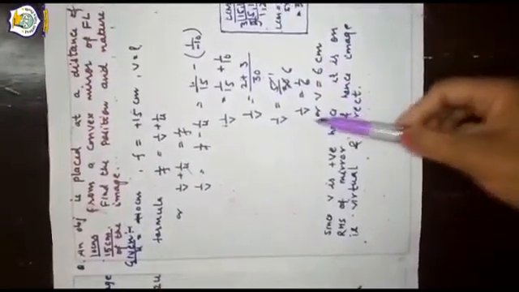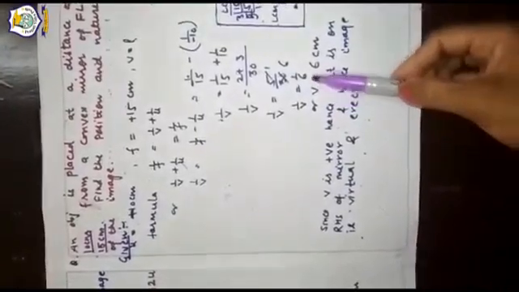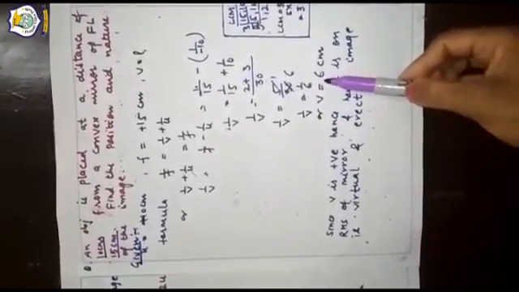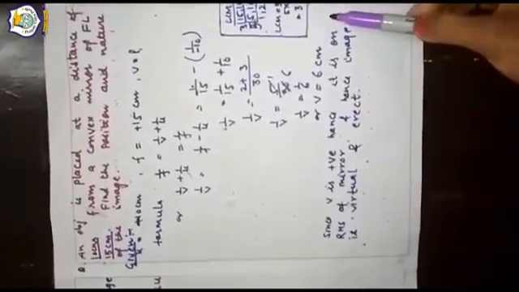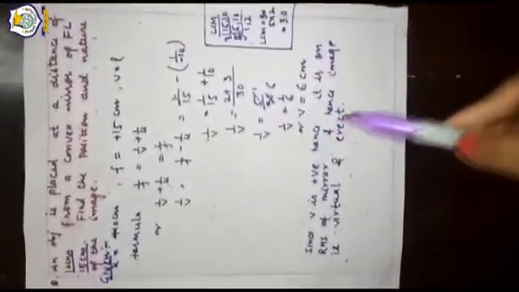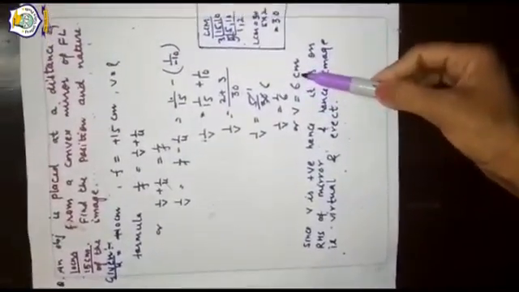Now by looking at the sign of v, we can easily tell that the image is formed on the right side of the mirror. Since it is on the right side of the mirror, it is definitely an erect and virtual image.